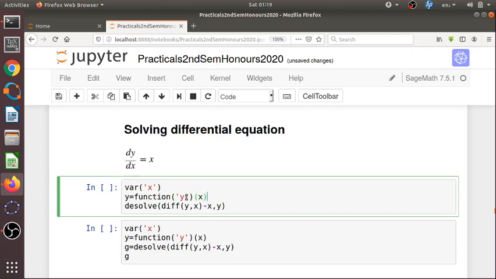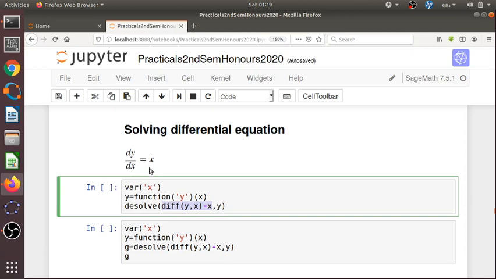Then we write the differential equation within desolve, followed by a comma and the dependent variable.